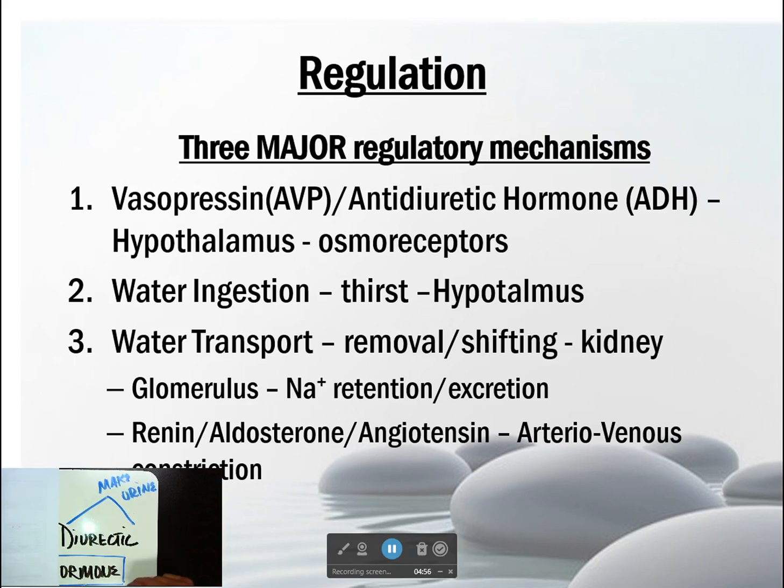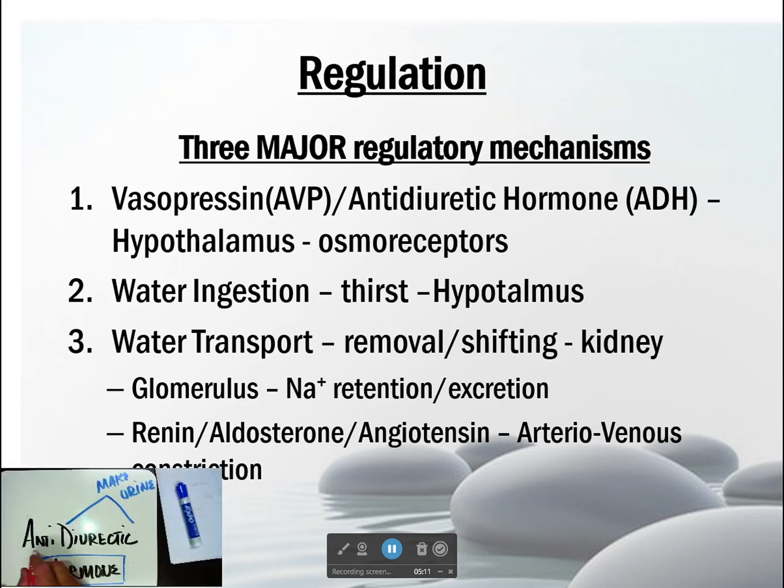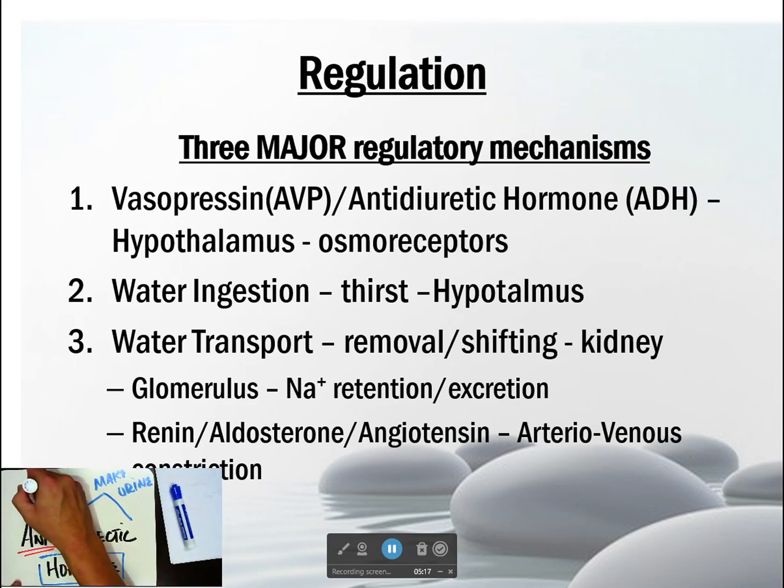If we have a hormone that basically is going to function like a drug, that we secrete into the human body, that is going to impact urine production, it is called antidiuretic hormone. Remember, anti basically means not.